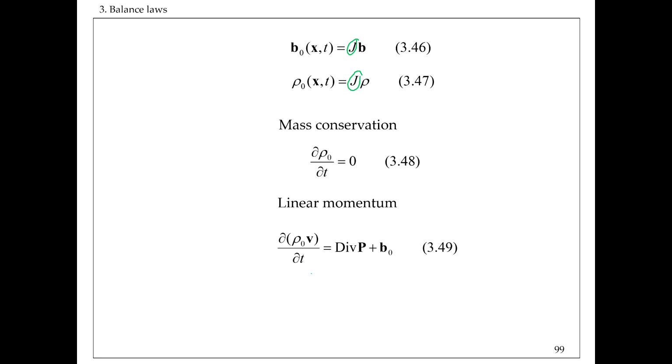Then you have your familiar acceleration term dv/dt multiplied by rho_0, equal to Div P plus b_0. Again, P is our new measure of stresses in the undeformed configuration, and note that we have this capital D here, the divergence operator, as a reminder, meaning that we take the divergence with respect to our initial position x, the position in the reference configuration.